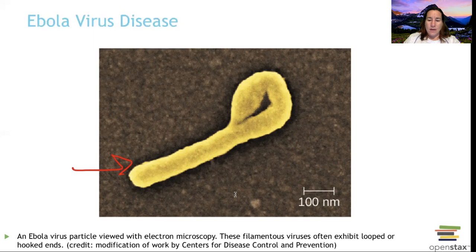And then later, it's going to progress to diarrhea, vomiting, and the hemorrhaging that Ebola is known for doesn't happen until 3 days later. So who knows how many people you've infected in those 3 days before the really scary stuff starts happening.